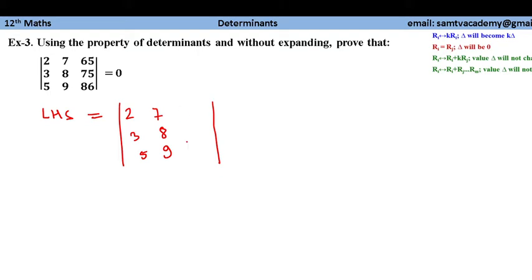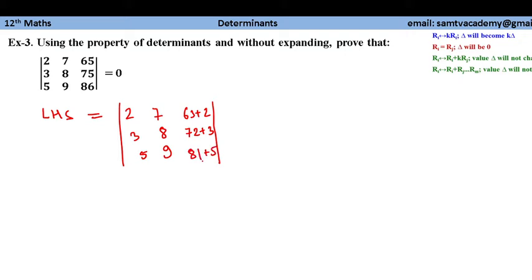So how can we write this? If you see, you can write this as 63 plus 2 and 72 plus 3, and this one you can write as 81 plus 5.